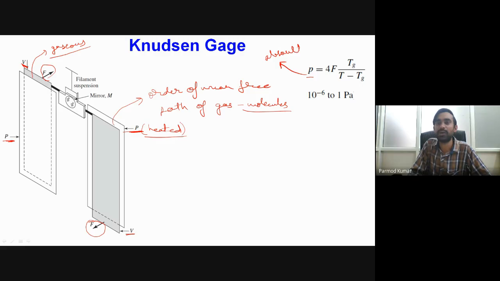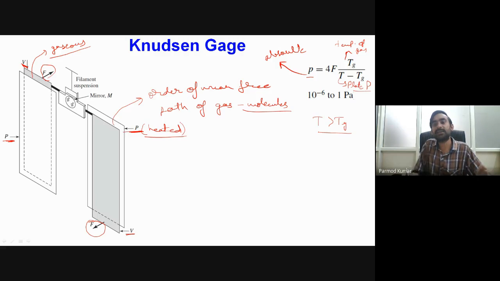So it can be related to the absolute value of pressure using the relation 4 times F into Tg by T minus Tg, where F represents the force which is acting on the movable plate and Tg represents the temperature of the gaseous medium, and T represents the temperature of plate P. This temperature T is greater in comparison to Tg, and T is maintained by using some heated filament.